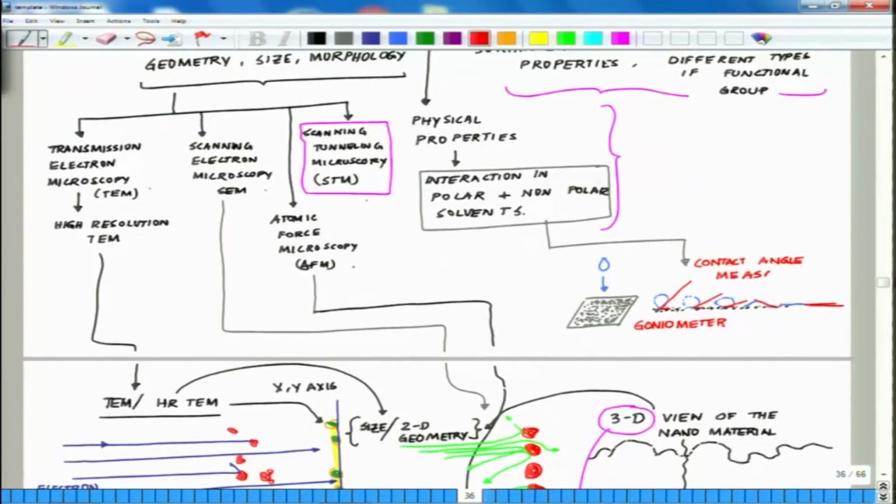While we are saying this, there is another point which I wish to highlight here. You can change the hydrophilic or hydrophobic nature of a particle or a material by introducing functional groups.